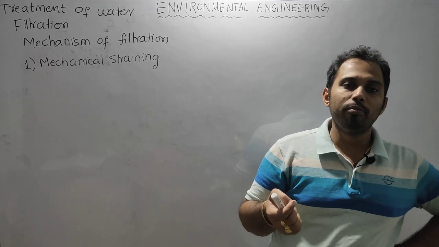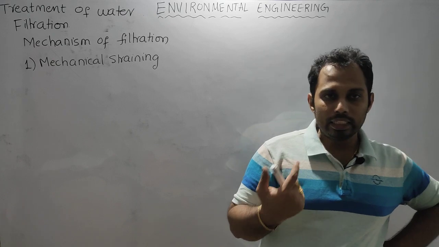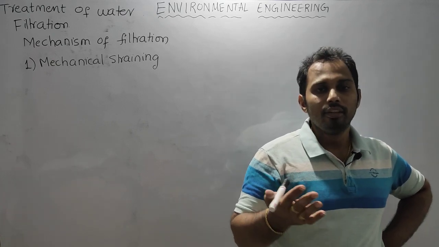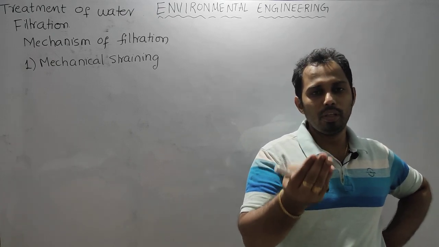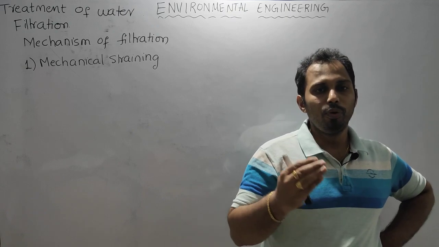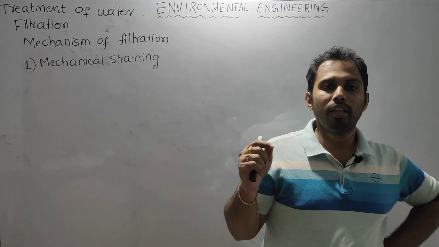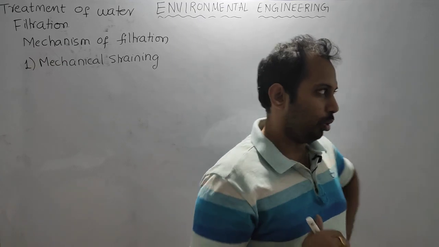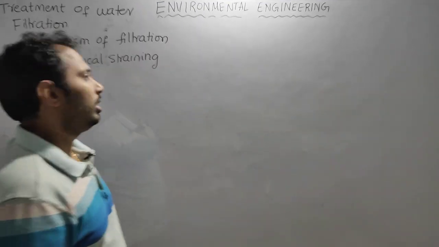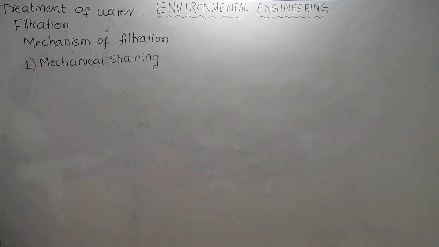Then obviously the impurities will be arrested on the top of that filter media and the pure thing will go out. So pure water will pass through the filter media pores, but the impurities cannot go through it. That is nothing but mechanical straining.